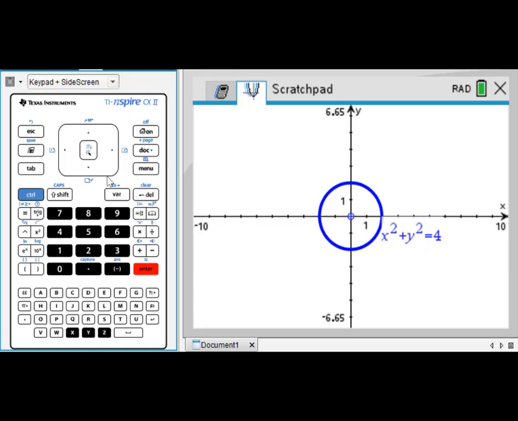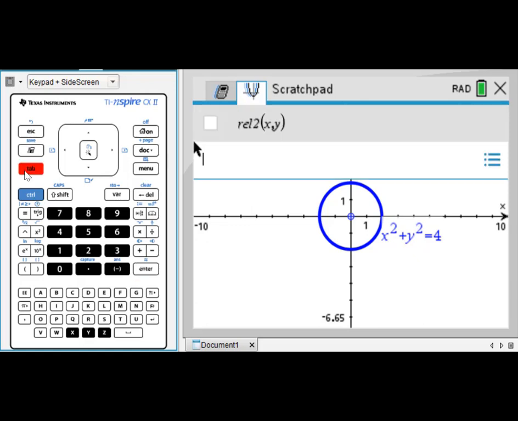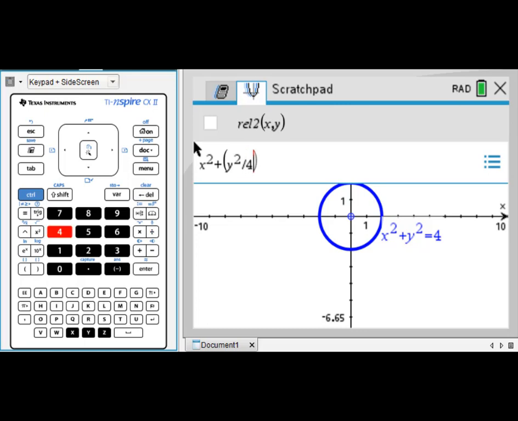And there's our circle. Tab to be able to put in our other equation, which was x squared plus y squared divided by 4, and that equaled 4. And what do we get?